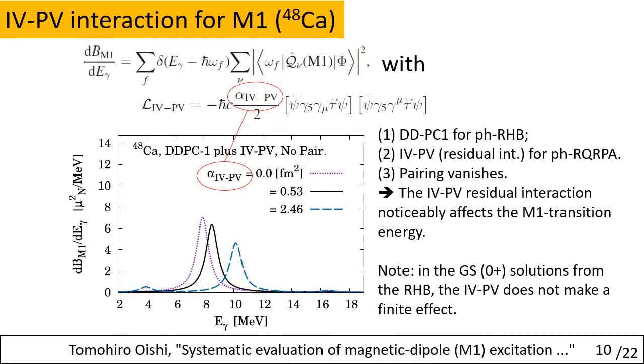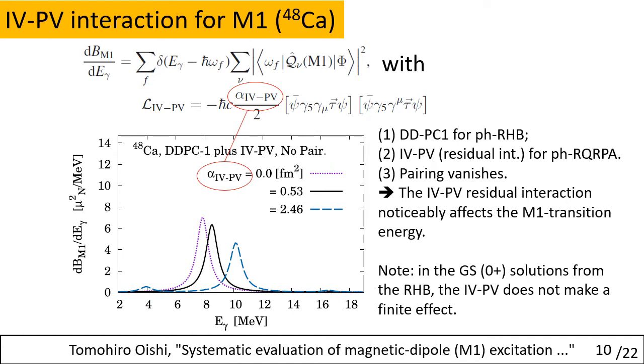This is one of our results, that is the M1 excitation strength of the calcium-48 nucleus. And here, because of the doubly magic nucleus, pairing vanishes anyway. So the effect of the isovector pseudovector residual interaction is purely seen.